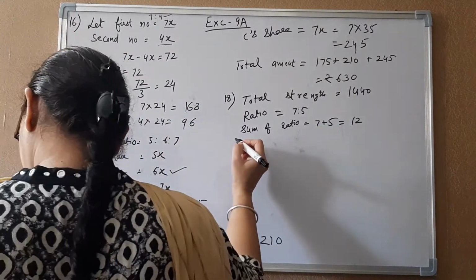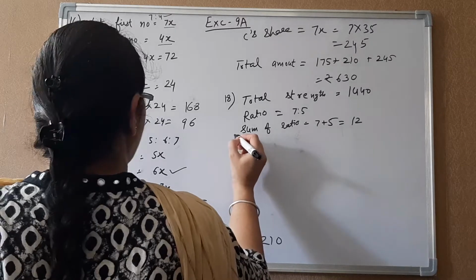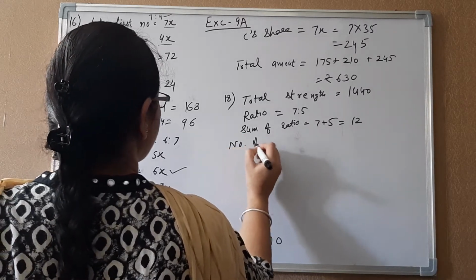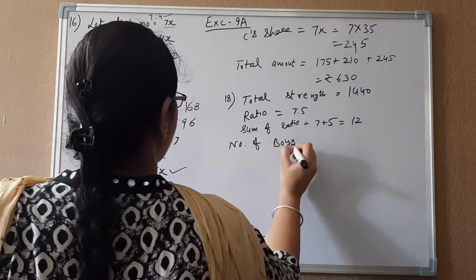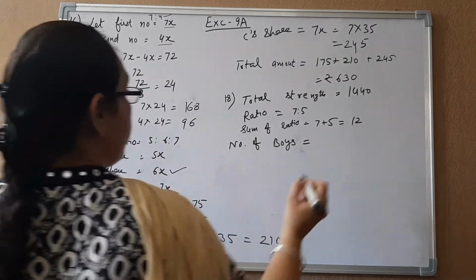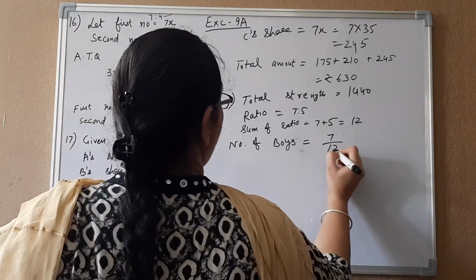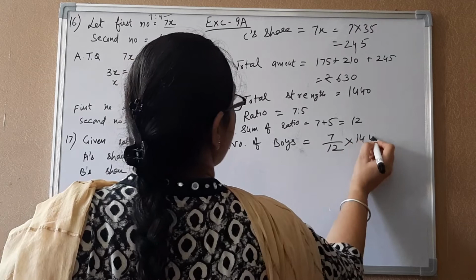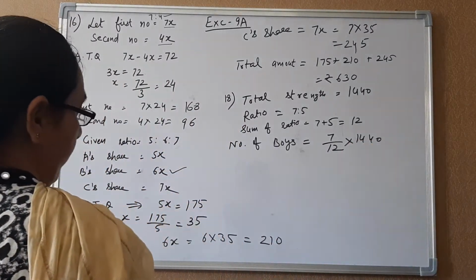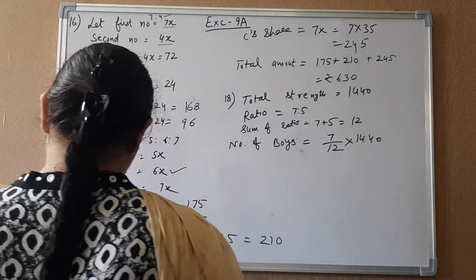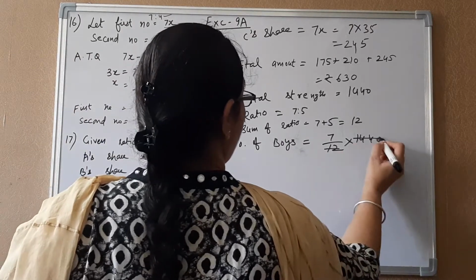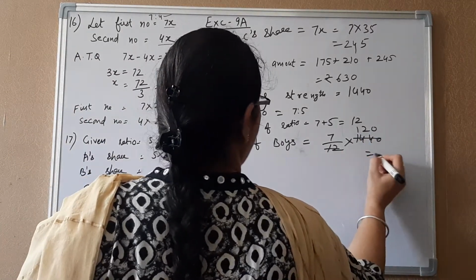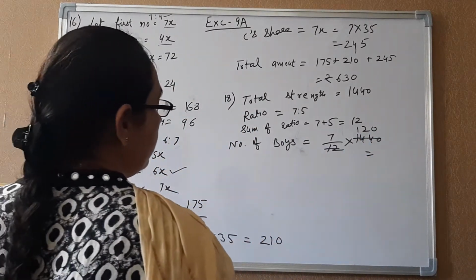So what would be the number of boys? The number of boys will be 7 upon 12 into 1440. We know 12 tens are 120, and 12 twelves are 144, so this will go by 12, and 12 7s are 84.